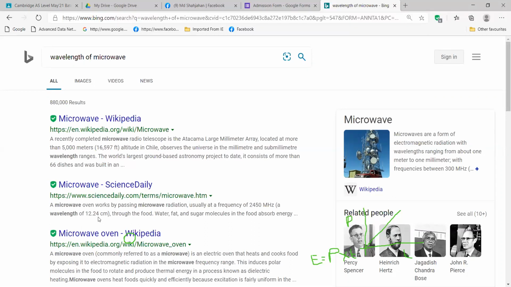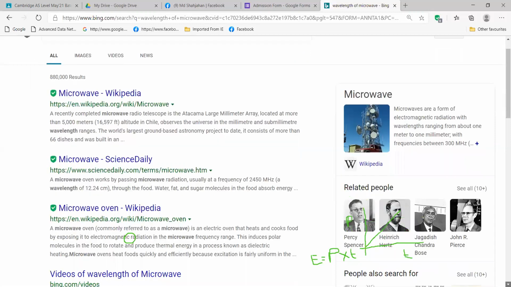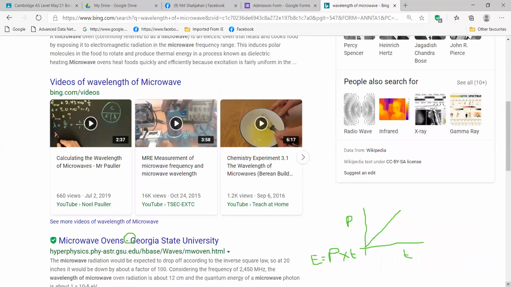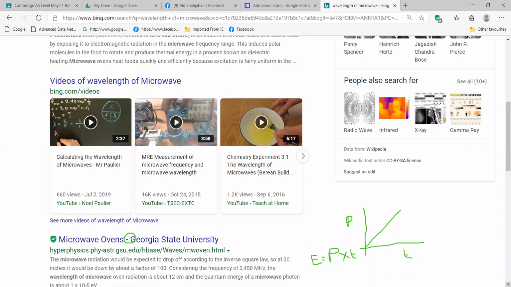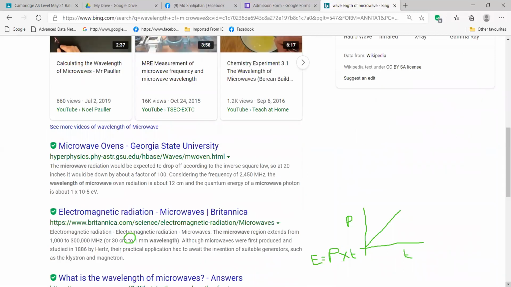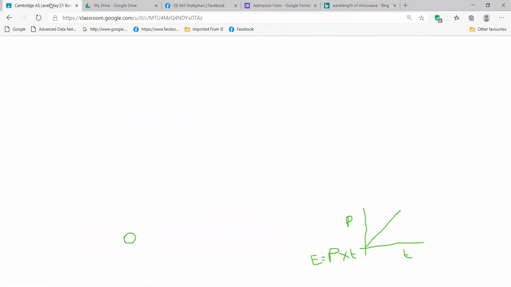Yes, sir. So this one you can note down. Microwave. Here also we are getting 12 centimeter, right? Yes, sir. So around 12 centimeter. Now we are checking our information given here.